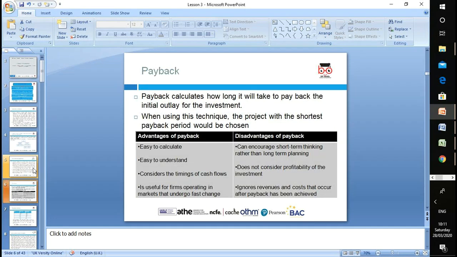One method of appraisal is payback. As a manager, we always need to look at the payback. The money you invest, how long will it take you to get the money back? Which is easy. If you invest £100 and you get £50 back every year, it takes you 2 years to cover your £100. This is the payback method. It is very easy to calculate and easy to understand.